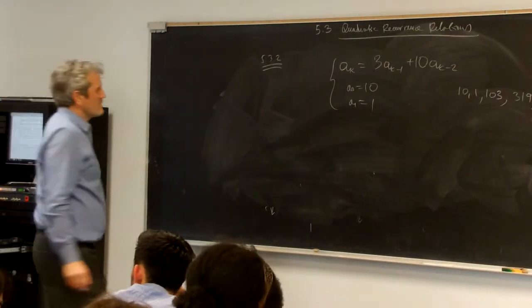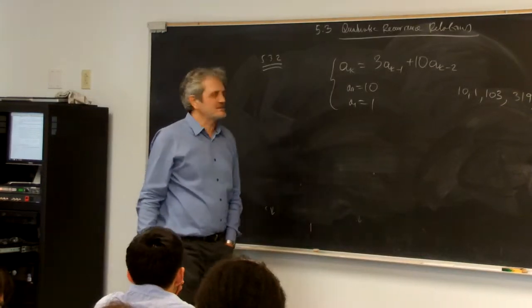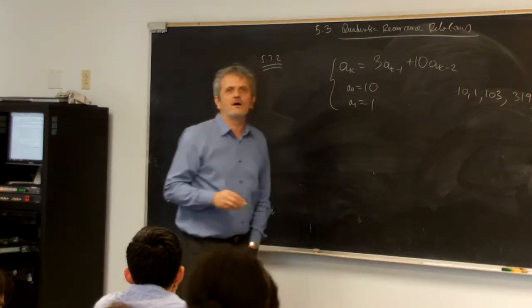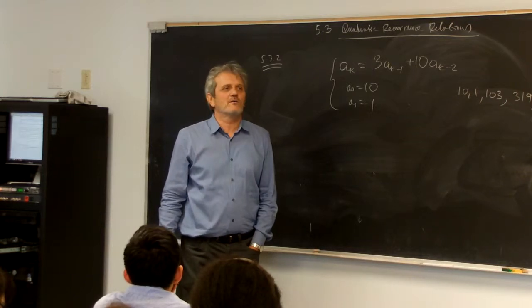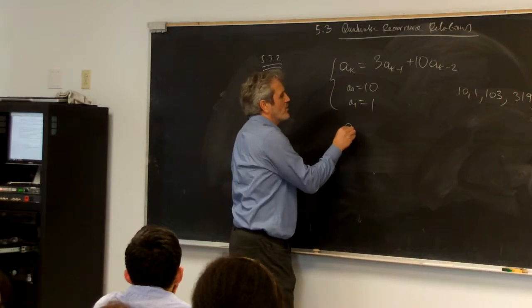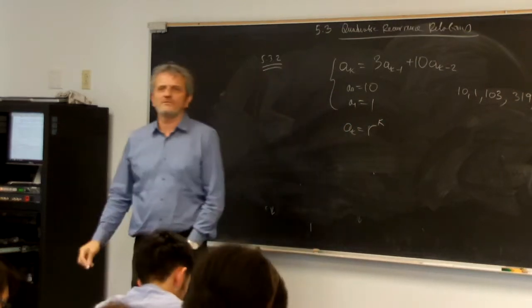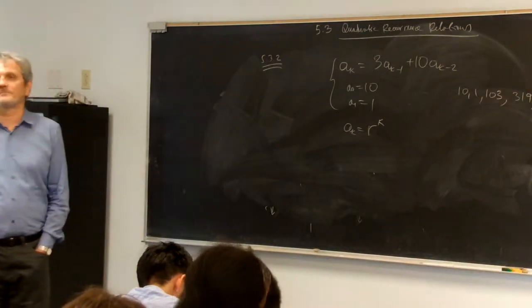So how does it work? Generally, we say the following. People noticed from experience that very often a power function will be a solution for this equation. So we are looking for a solution in the form a_k = r^k, which is an exponential function. But we don't know what r is.